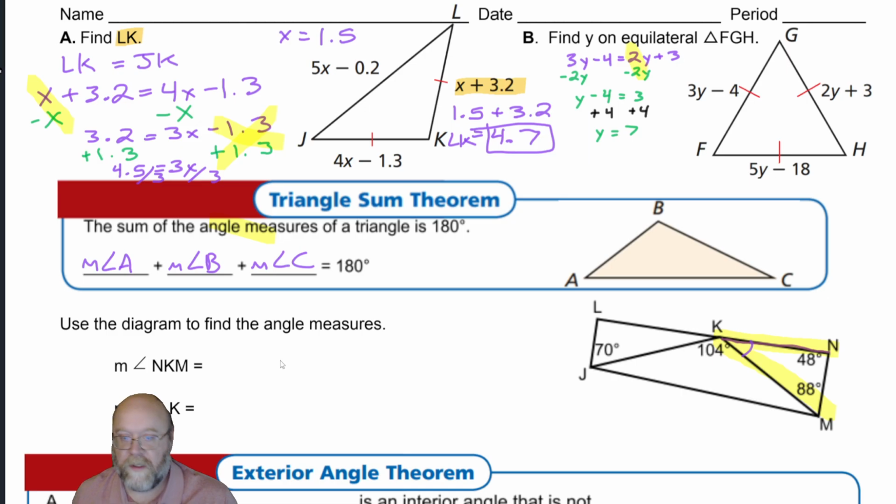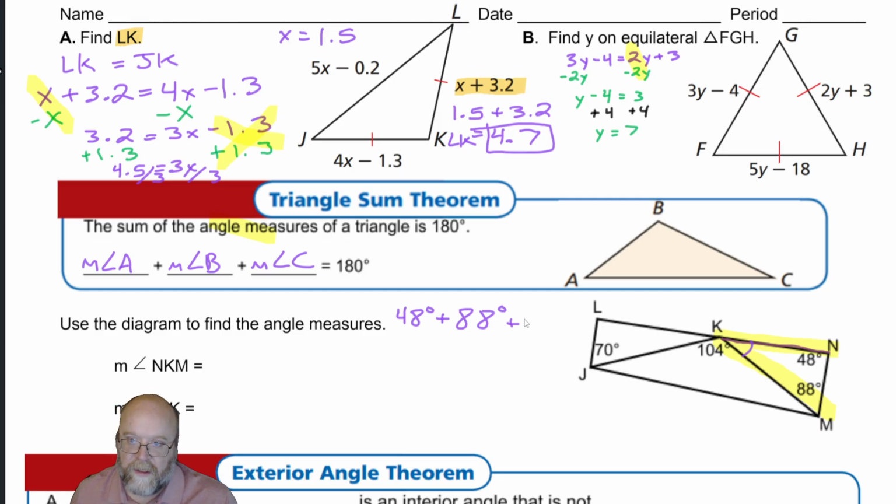So this equation right here is what I know, so I'm going to write it. The measurement of angle N is 48 degrees, plus the measurement of angle M is 88 degrees, plus the other one, I don't know it yet.